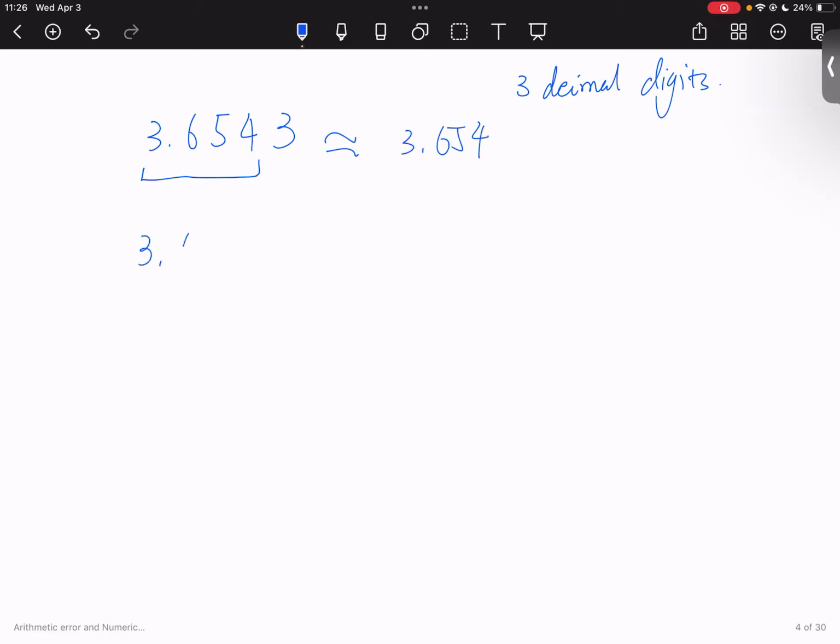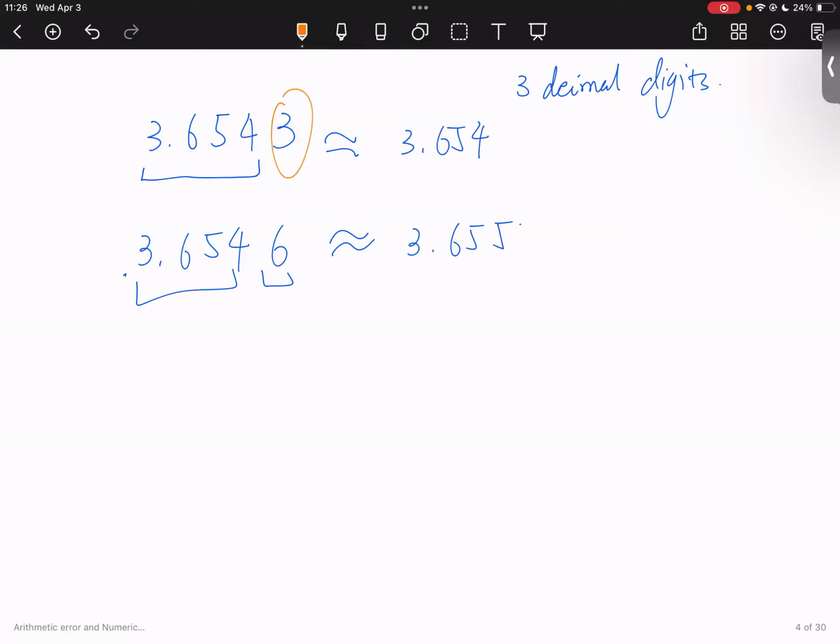Okay, good. This is another number, and once again we want to keep 3 decimal digits. What is the approximation? We need to round up, so it should be 655. And how do we decide this? It depends on the digit after the 3rd decimal place.